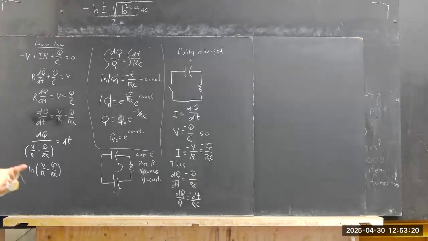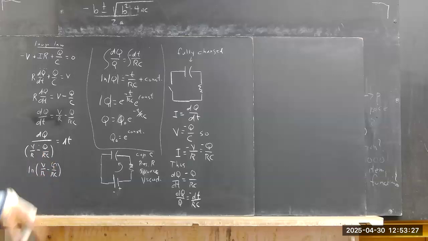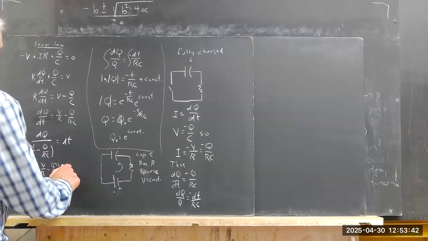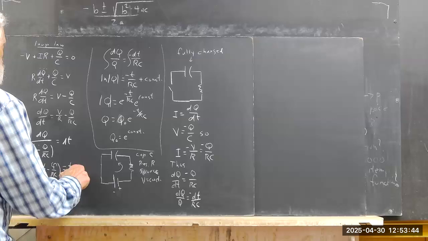But if we were to take the derivative of this, the integral would give us a negative 1 over RC. Okay? So this equation gives us negative RC natural log of this equals t.